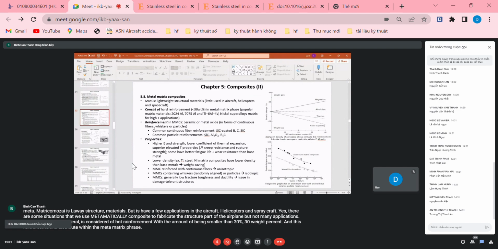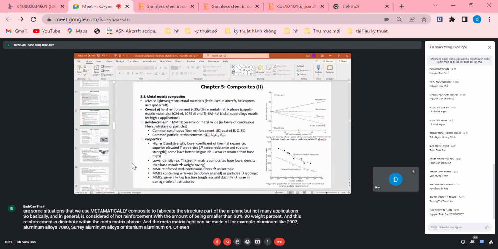And the metal matrix phase can be made of, for example, aluminum, like 2000 series aluminum alloys, 7000 series aluminum alloys, or titanium aluminum 64. Or we even use nickel-based superalloys as the matrix for the composite, to work at high temperatures.